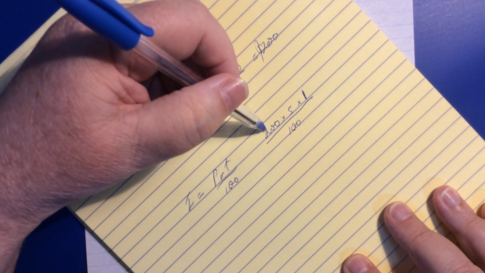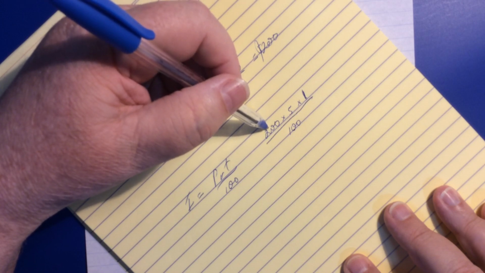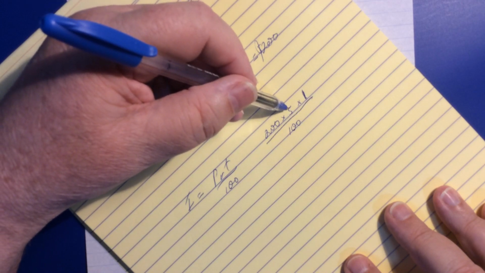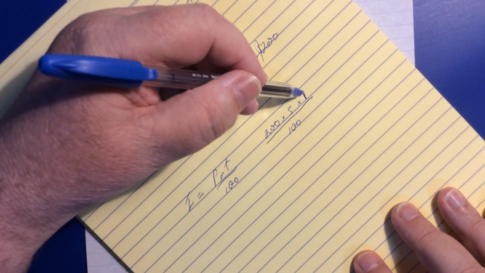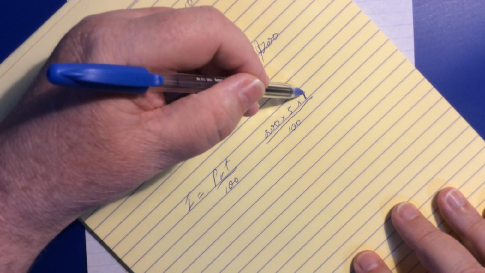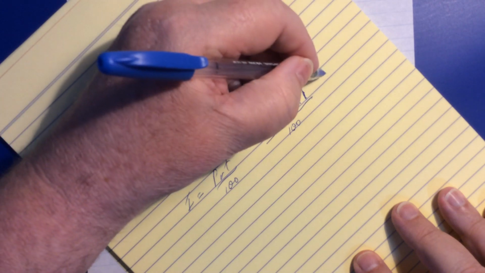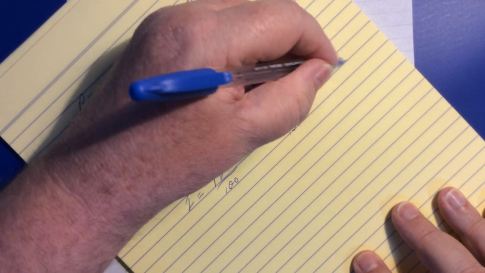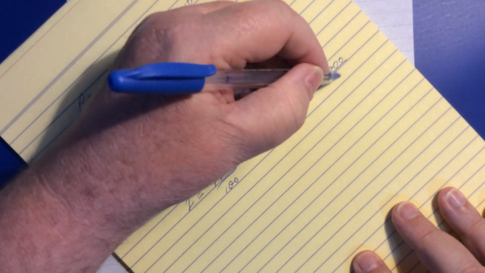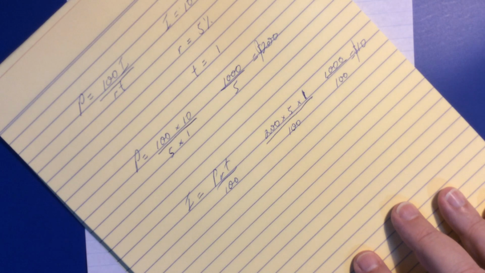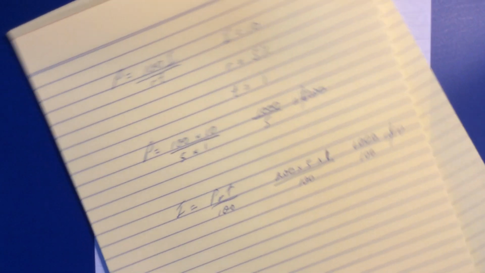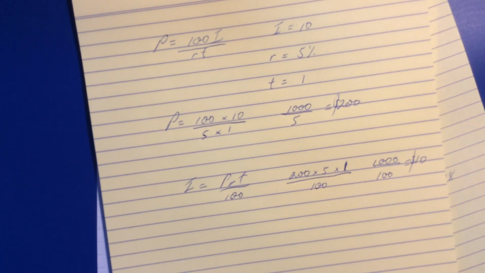And what happens is we get 200 times 5, which is $1,000, times 1 divided by 100. So that's $1,000 divided by 100, which equals $10. That's our interest earned. Okay, so that's the check on this.